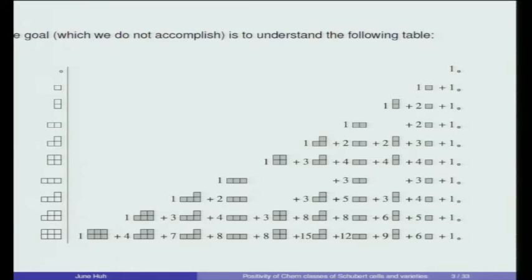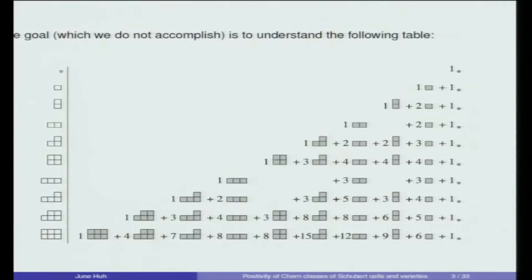And in the rows, associated to each Young diagram, you see a certain linear combination of Young diagrams. There's one term for each Young diagram that's contained in the diagram that you see in the column, and there are certain numbers in front of each diagram. So in this row, you see 1, 2, 3, 5, 3, 4, 1. These numbers are given by a very explicit and elementary formula that I'm going to show you later.